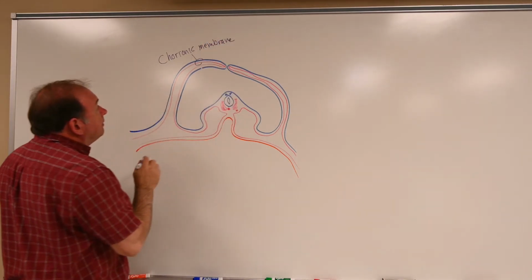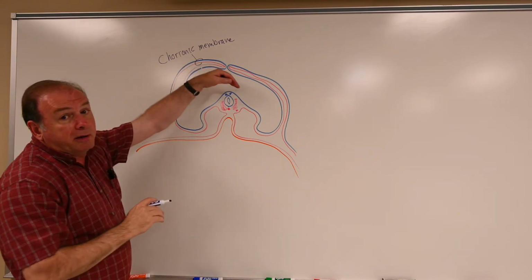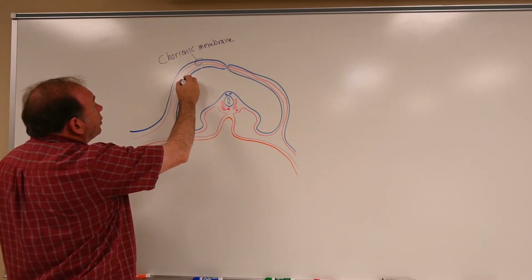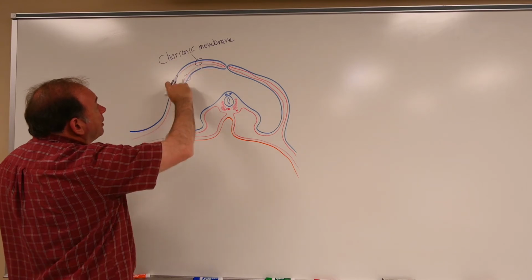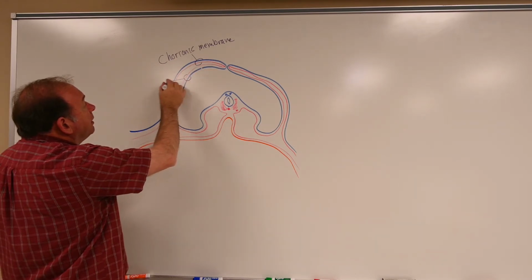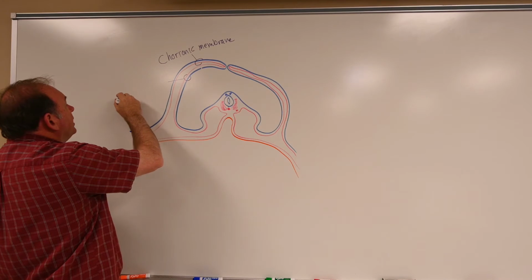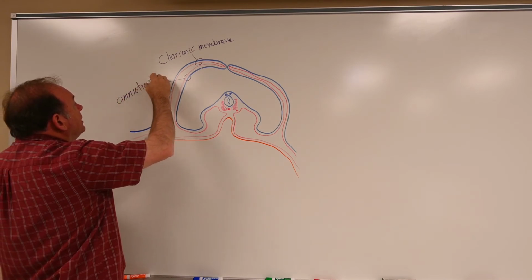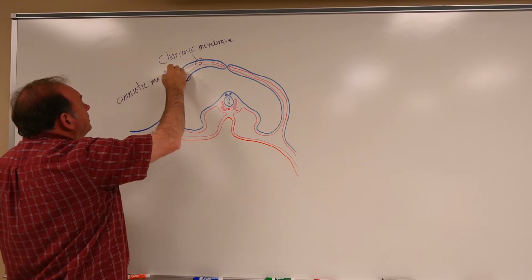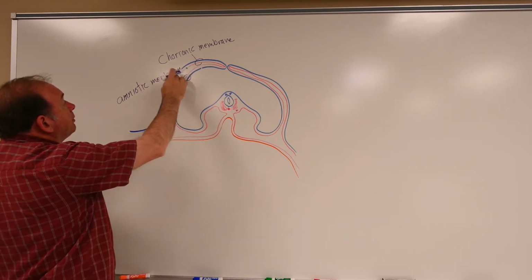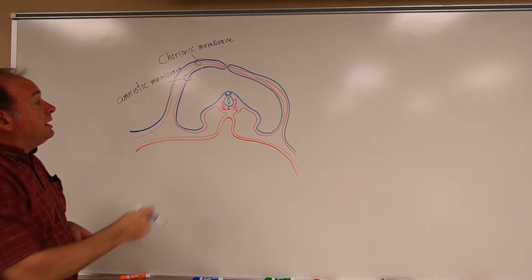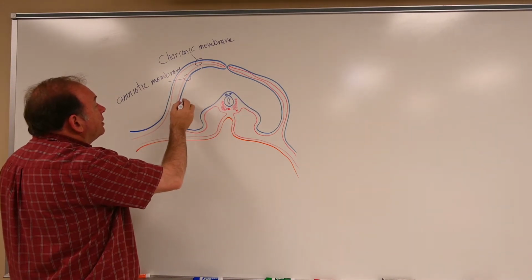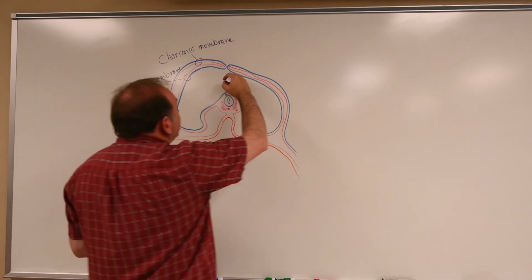Chorionic membrane out here, on the outer part of that fold of the somatopleure, and from the inner part of the fold of the somatopleure right here, we have the amniotic membrane. So we have an amniotic membrane next to a chorionic membrane. Inside of that amniotic membrane is this space around the embryo. This is amniotic cavity.